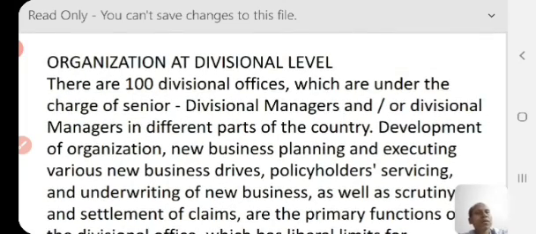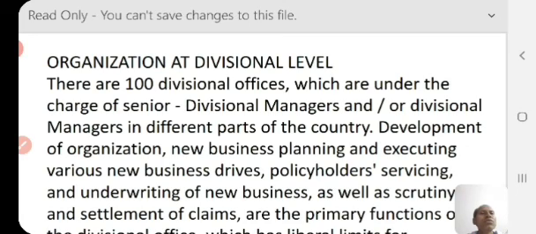So, these 100 divisional offices are controlled by the senior divisional managers or divisional managers. Senior divisional managers and divisional managers supervise the divisional offices in different parts of the country.